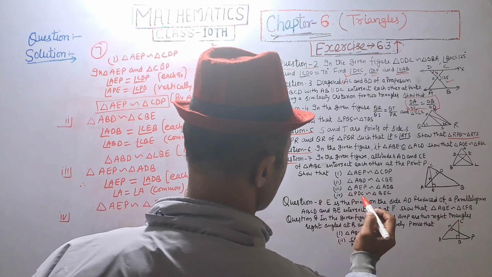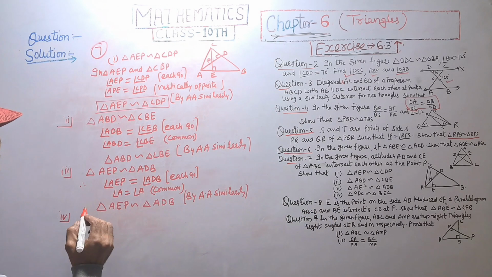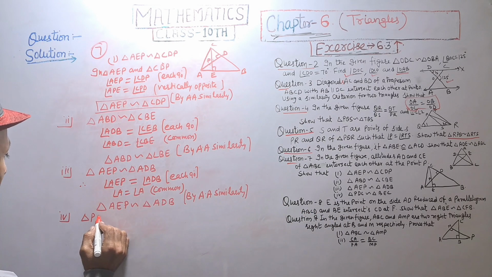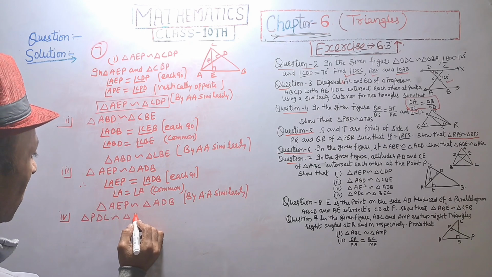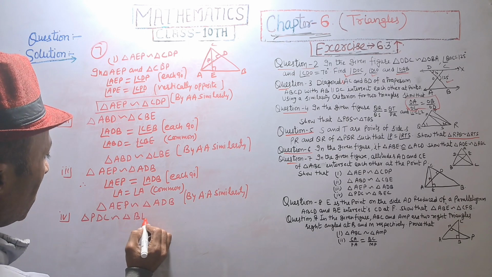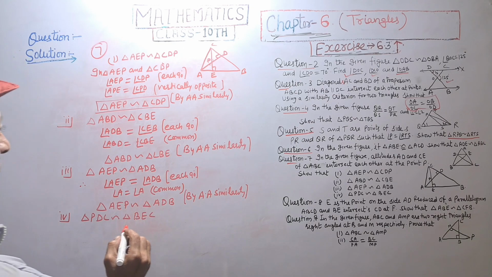And last, fourth part, triangle PDC is similar to triangle BEC.